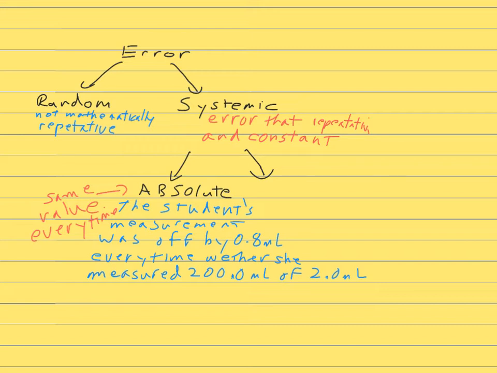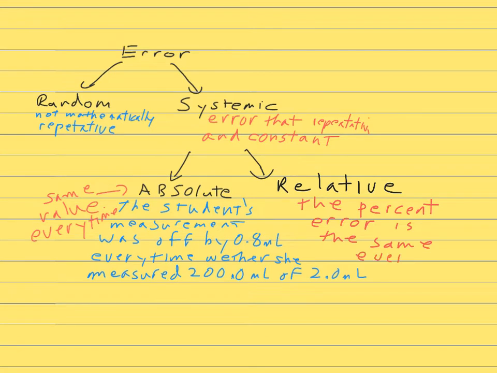The other type of systemic error is relative systemic error. And this is the one that's a little bit harder to understand. In relative error, the percent error is the same every single solitary time.